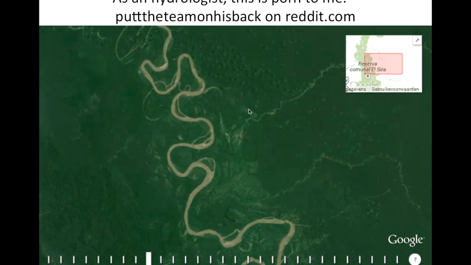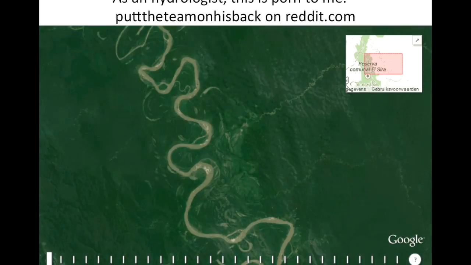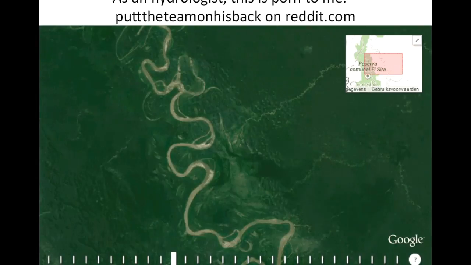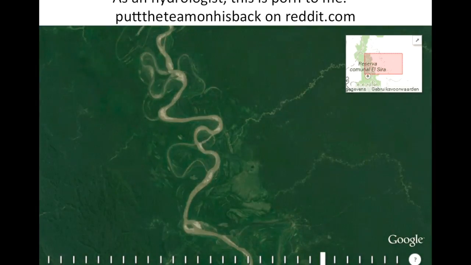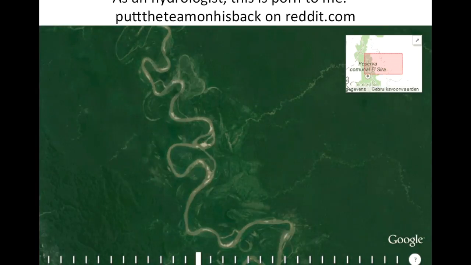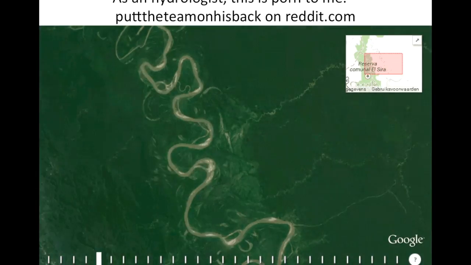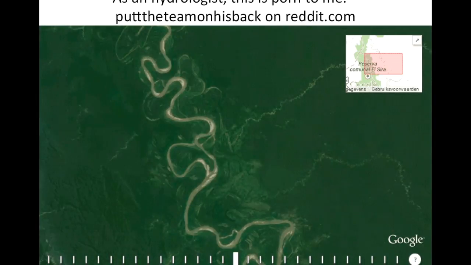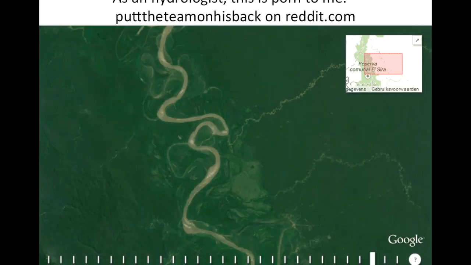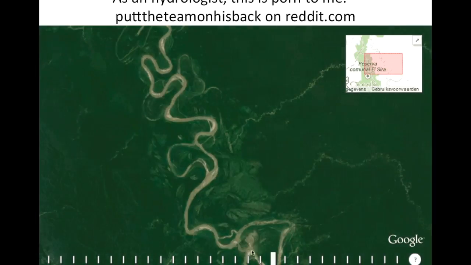And how did these river landscapes form? Well, rivers have crazy behavior, especially in lowland areas. They tend to not stick to their bedding. This is a famous Google Earth picture. It's about 30 years of river from 1984 to 2012, and you can see that the river is constantly changing where it flows.